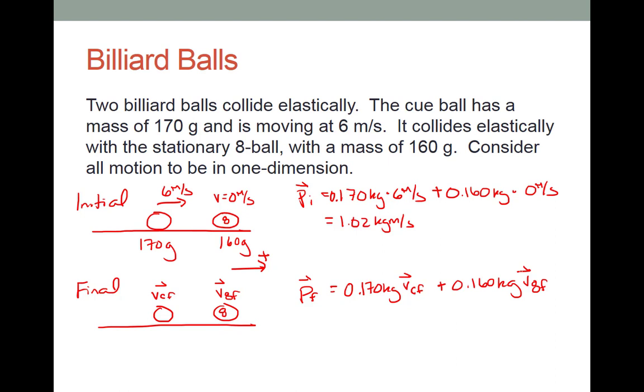Instead of doing that first, this time I'm going to start with this formula: VQ initial minus V8 initial equals VQ final minus V8 final. Eventually I'll get the equation written down properly.